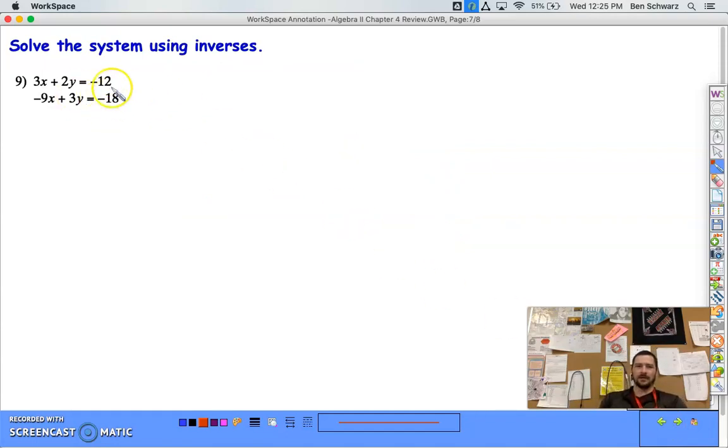Next, we're going to solve by using the inverse. So first, let's find our inverse. Our coefficient matrix is 3, 2, -9, and 3. So again, take 3 times 3, which is 9, minus -18. So our determinant here is going to be 27.